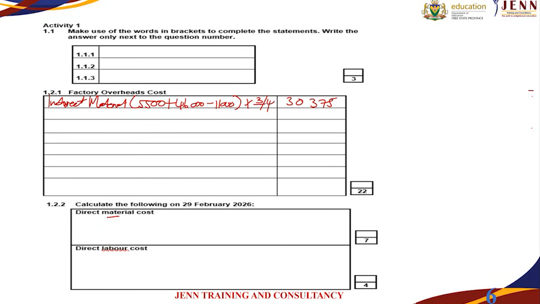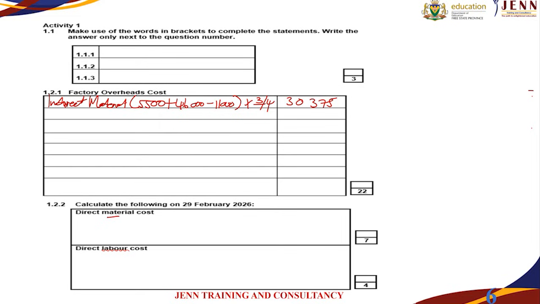That is the amount that must be recorded under the factory overhead cost. So remember, not all of that indirect material has been used in the factory. Only 3 out of 4 has been used. So it's very important for you to note number 2 when you do this calculation, as much as you have applied the formula of direct material cost.